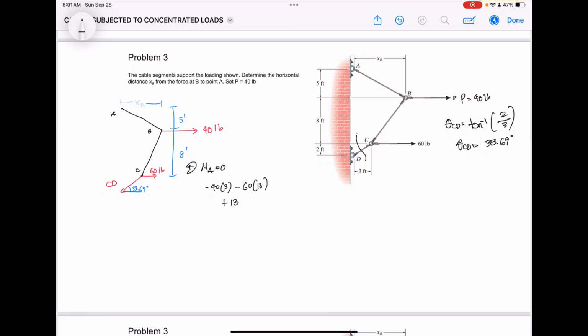Plus 13 CD cosine 33.69 plus 3 CD sine 33.69. We have CD is equal to 78.521.